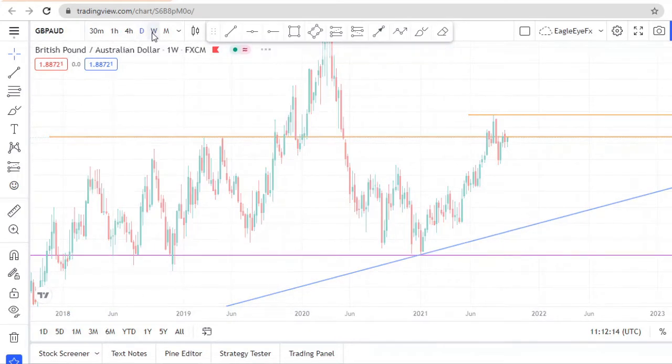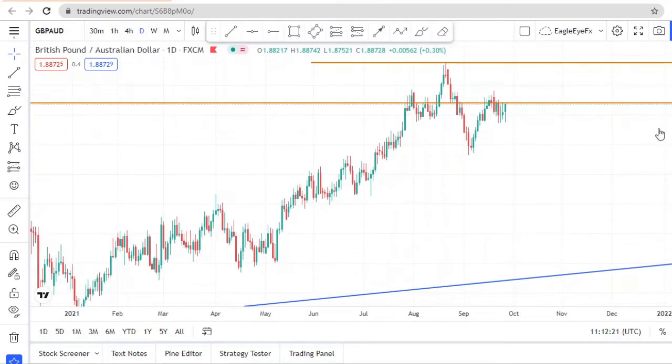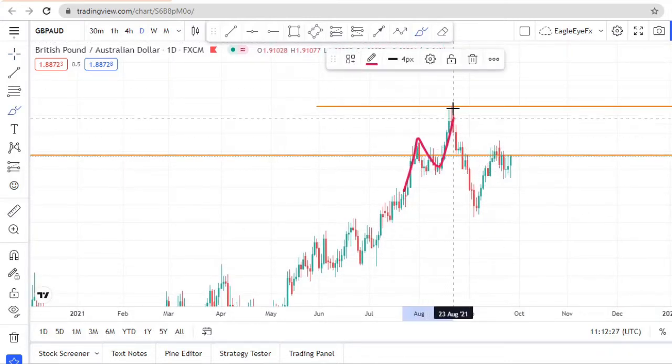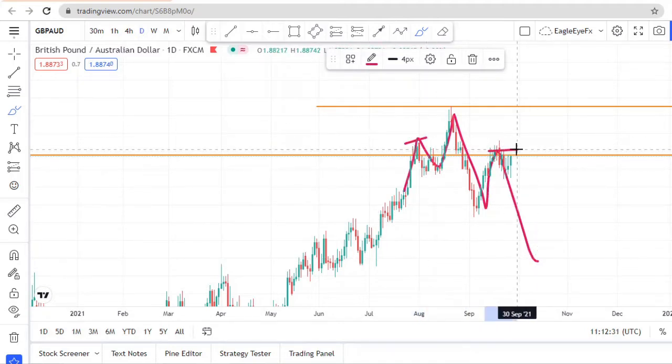Okay, let's go to the daily time frame. So on the daily time frame, already I can see something like a head and shoulders, this being the shoulder and this being the head.